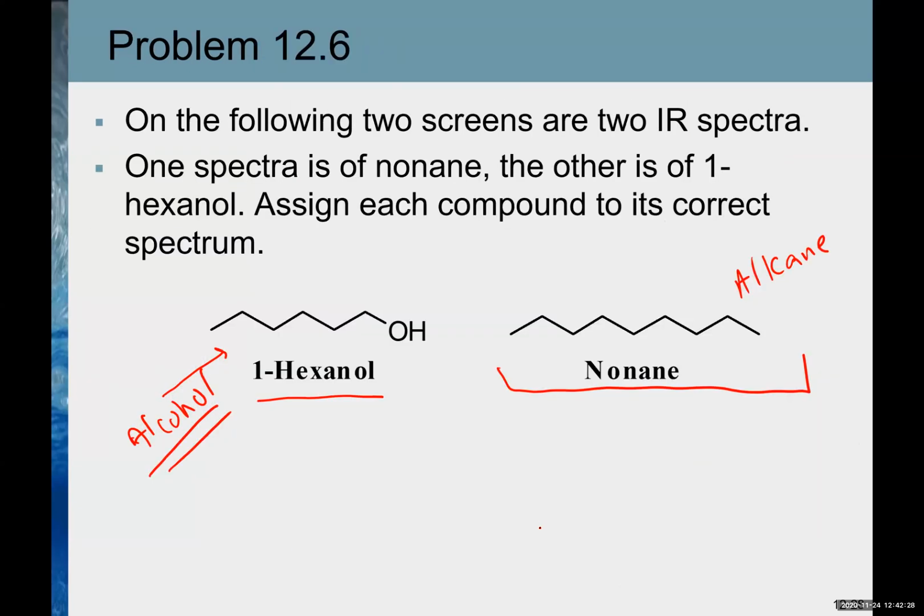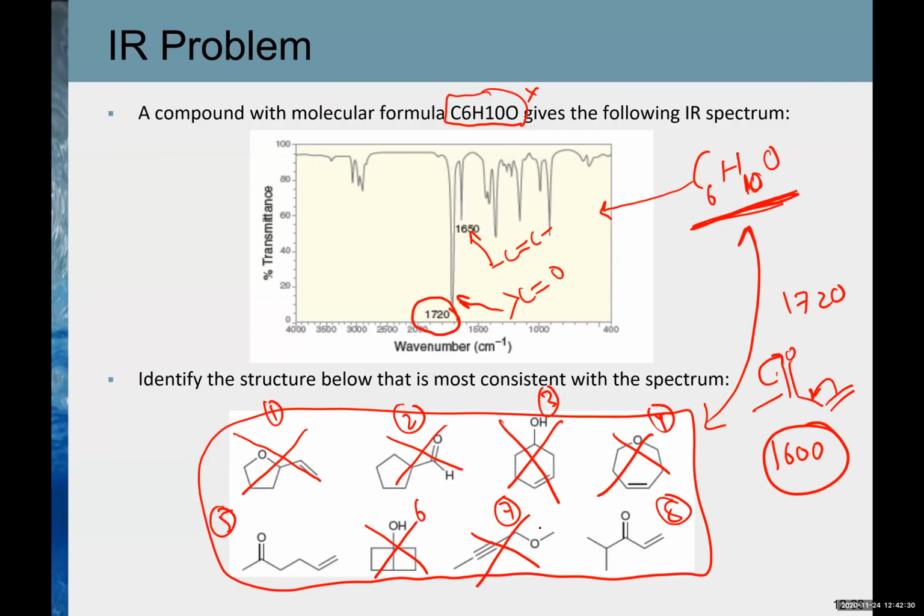So let's go back here. What is our value? Is it less than 1700, in the 1600s, or around 1720? It is 1720. So that means, can there be resonance? No. No resonance.